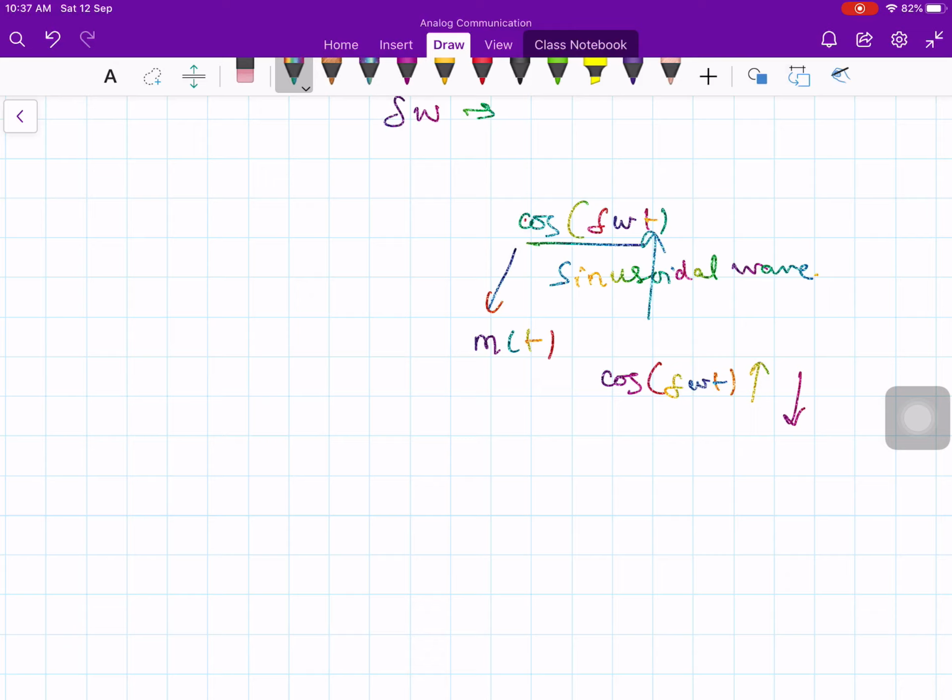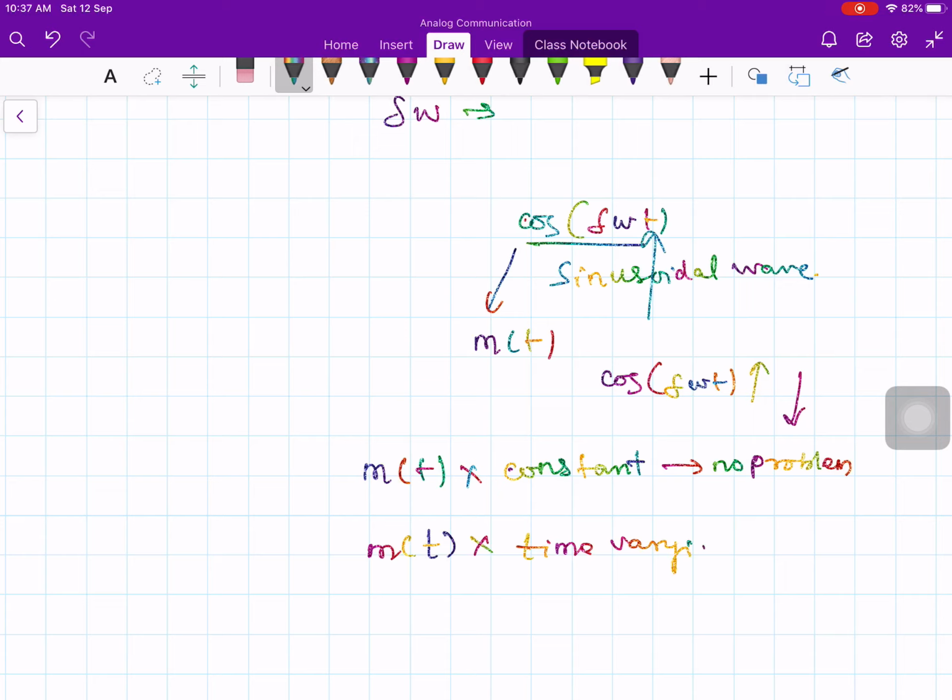At one point of time some signal will go up and some signal will go down, and at another point of time it is giving some other multiplication, because essentially your m of t is multiplied by something that is not constant. If it is constant, no problem at all. If you multiply by a constant, no problem. But if m of t is multiplied by a time varying quantity, then you are in trouble.